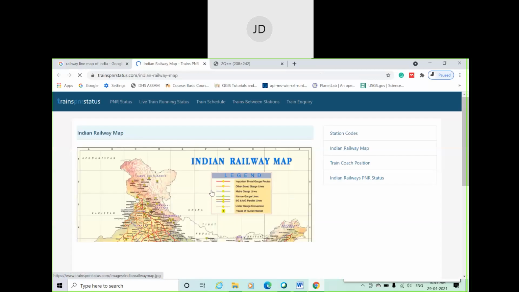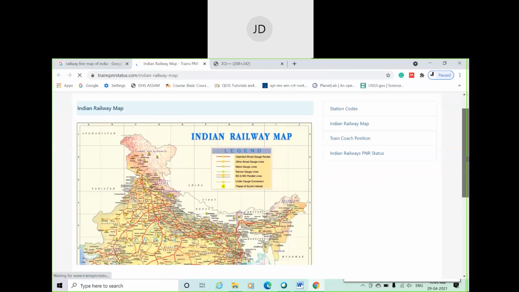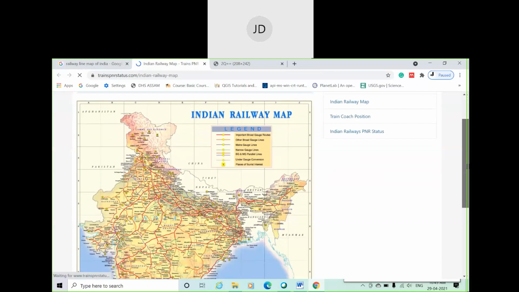Here you can see, right? Is it visible? So here you can see the Indian map.